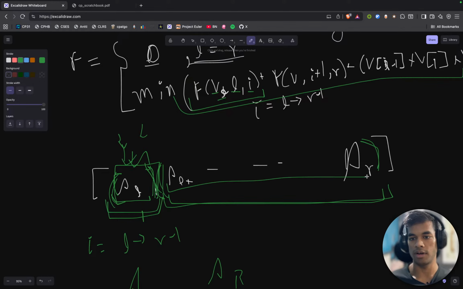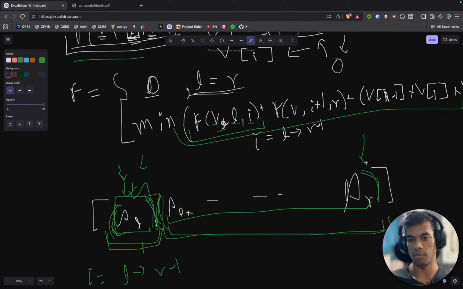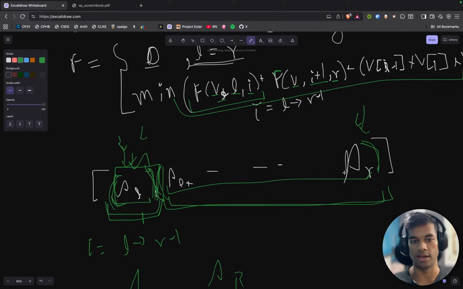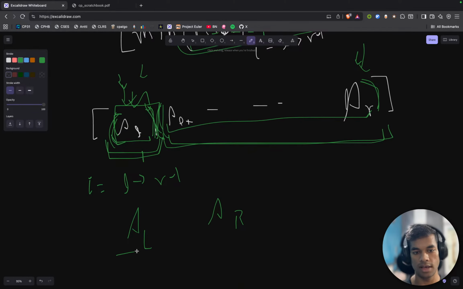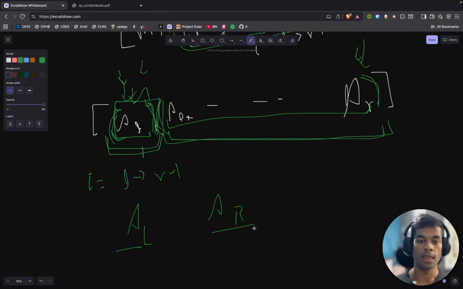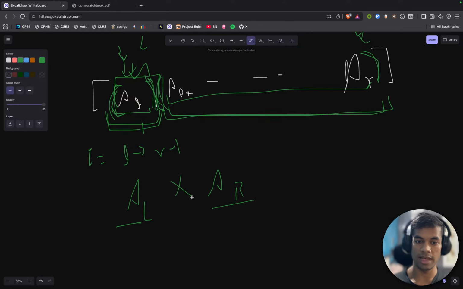On the right part, the number of scalar multiplications is given by the same function f with v, and i is not included, so we go from i+1 till r. r is included on the right side. So this would give us two matrices, AL and AR. And then we would have to multiply these two.